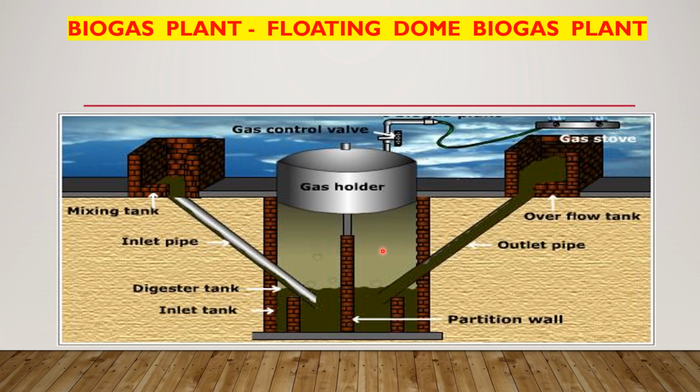As the biogas accumulates, it is channelized through this pipe and nozzle, and then it lights up the oven. And what about the spent material? It is let out through the outlet pipe, and it flows over to the overflow tank. So this is all about the floating dome biogas plant. This is how it goes.